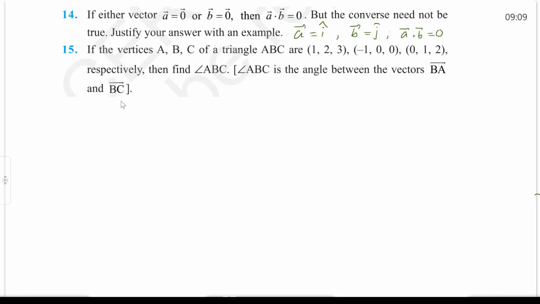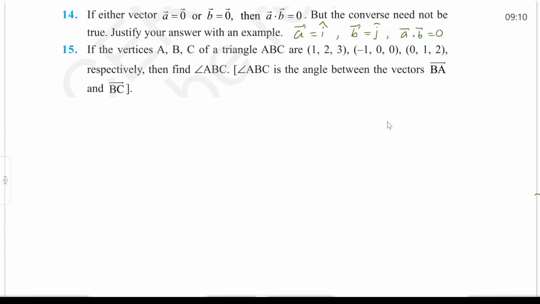Next you come to question number 15. ABC is a triangle and its vertices are given, and we are to find the angle ABC. So before that I am taking a simple triangle here.